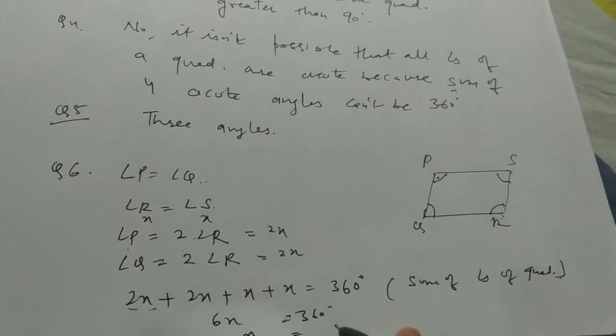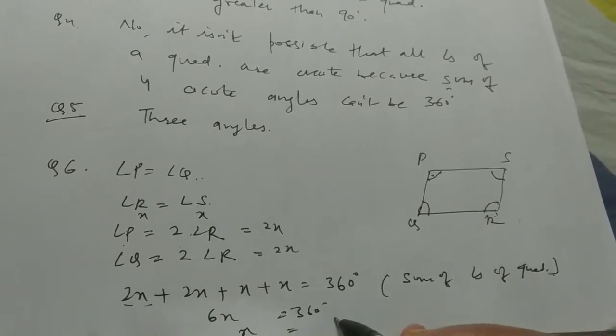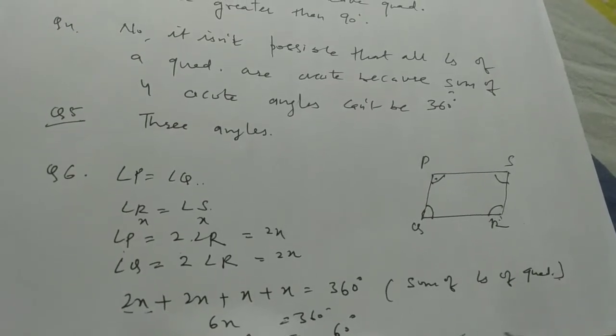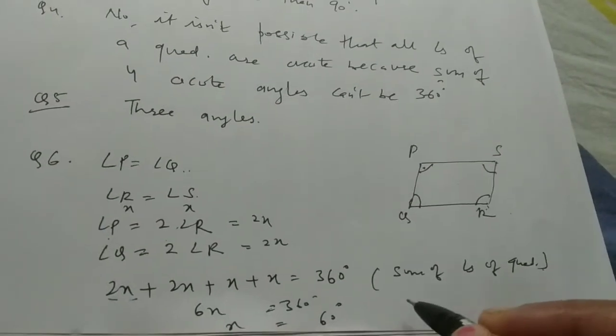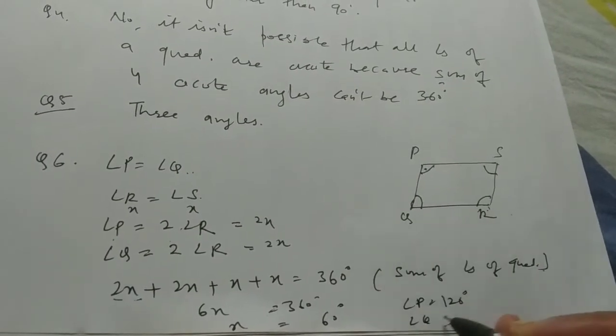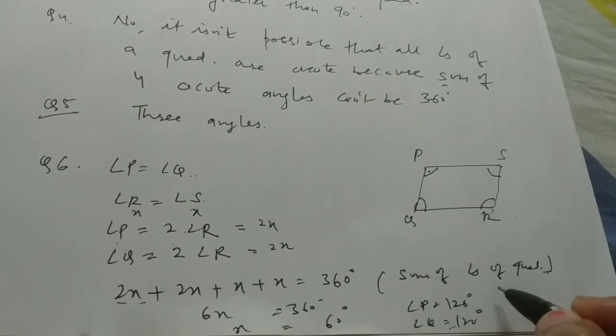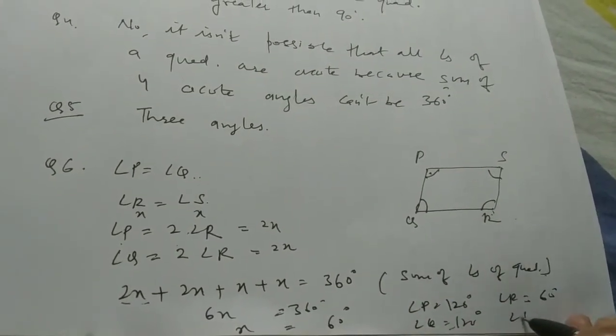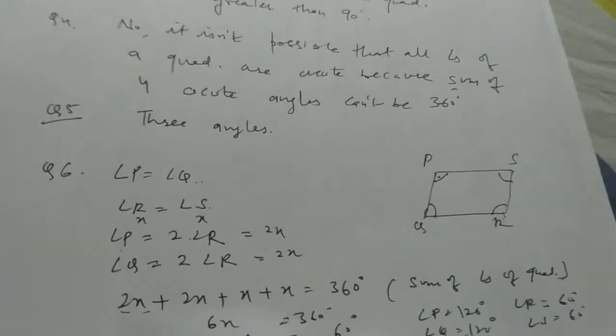So x would be equal to how much? 60 degree. So angle P would be equal to 120 degree, angle Q would be equal to 120 degree, angle R would be equal to 60 degree, and angle S will also be equal to 60 degree.